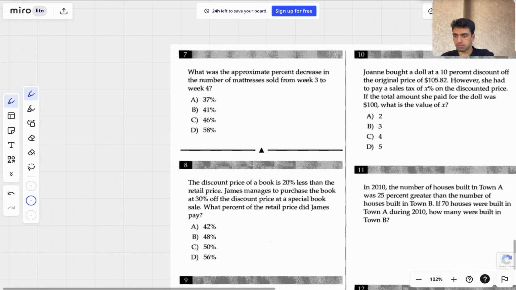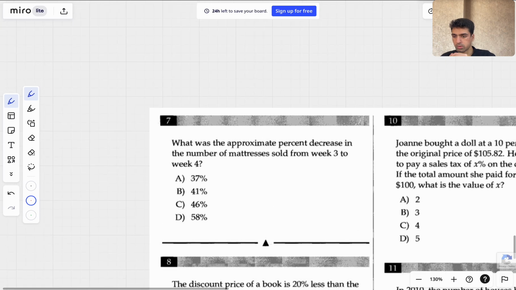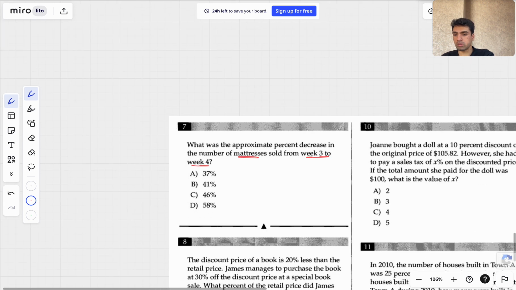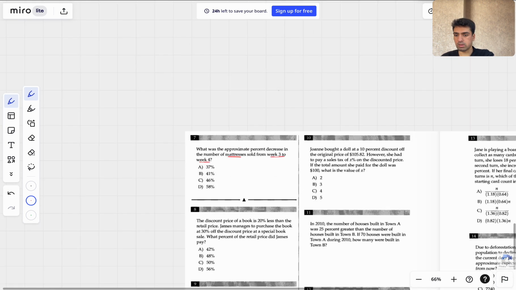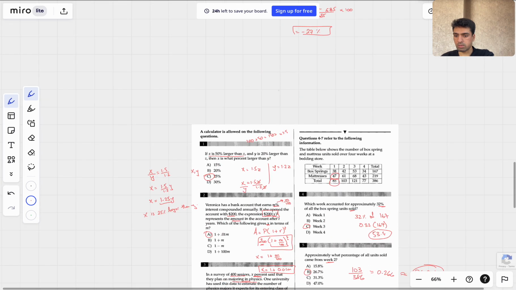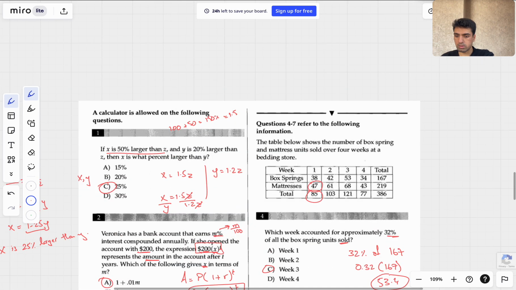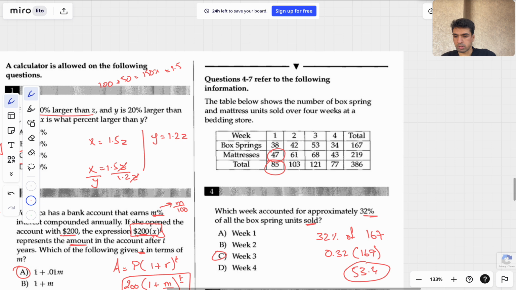Okay, next. So what was the approximate percent decrease in the number of mattresses sold from week 3 to week 4? So number of mattresses, week 3 to week 4, percent decrease. So in week 3 it was 68, in week 4 it's 43.